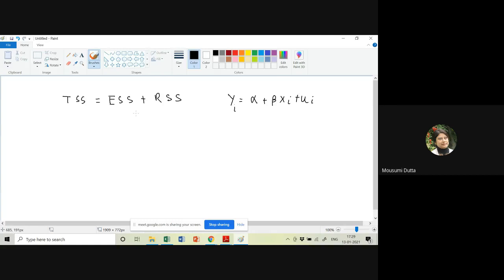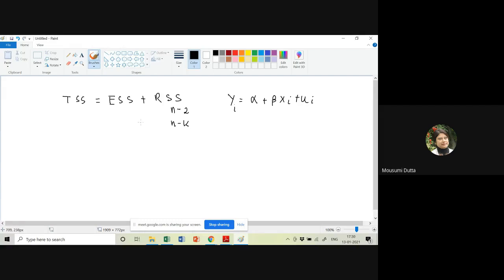This is the structure, you know. And for this, you know what is the degrees of freedom for RSS? N-2. In a k variable analysis, it will be N-k.